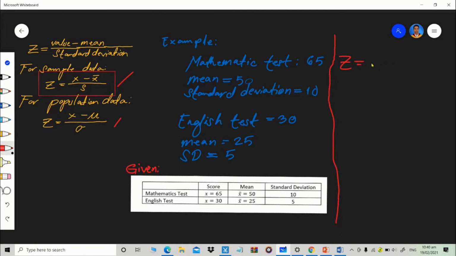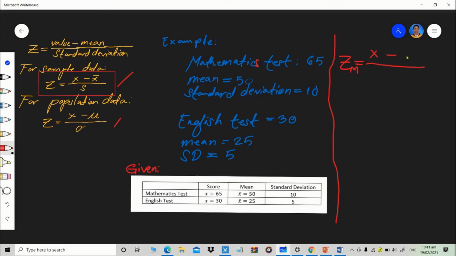Therefore, isa-isayin natin. Unahin natin yung z-score ng mathematics test score. Lagyan ko na lang ng m dito. Z sub m, ibig sabihin yan, z-score mula sa mathematics test score.